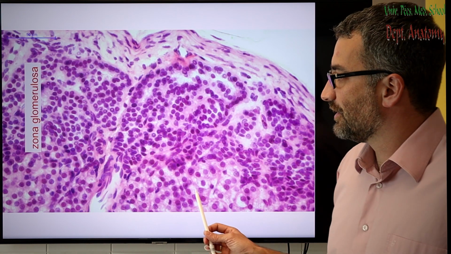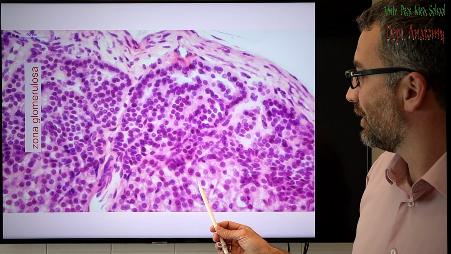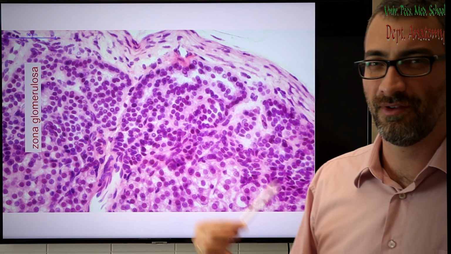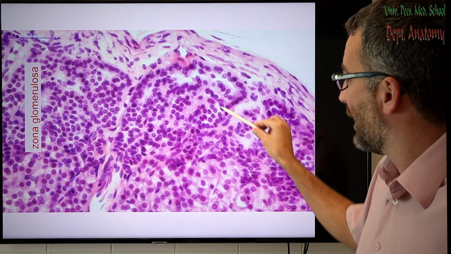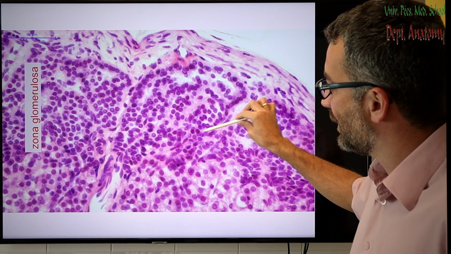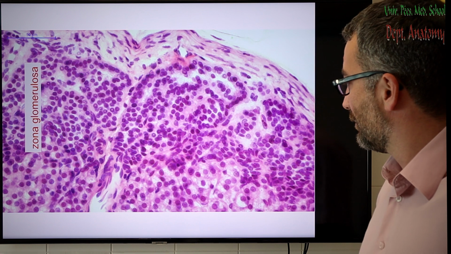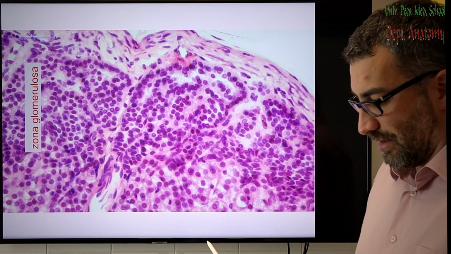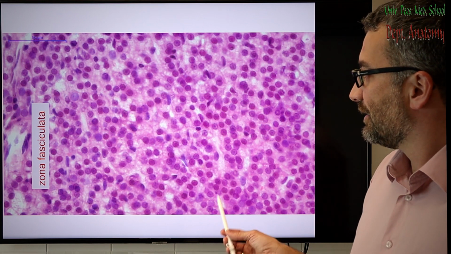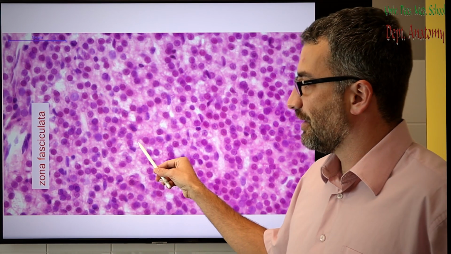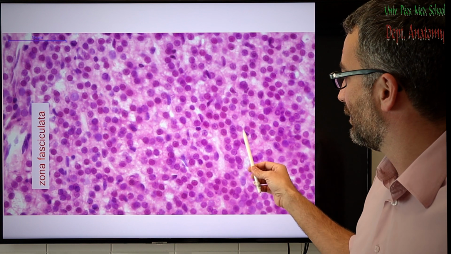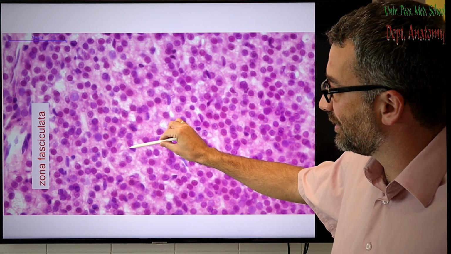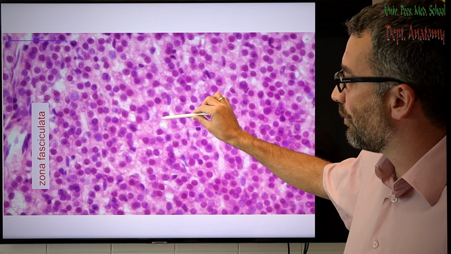In the cortex, zona glomerulosa is the outermost layer, where we can see that the cytoplasm is very thin and very pale. Therefore, the cells look very dense in this area. The zona fasciculata, in contrast, has thicker cytoplasm, and the cytoplasm is kind of foamy.